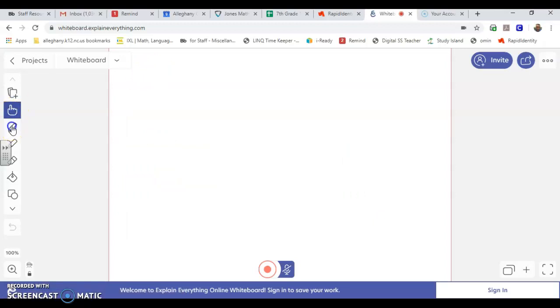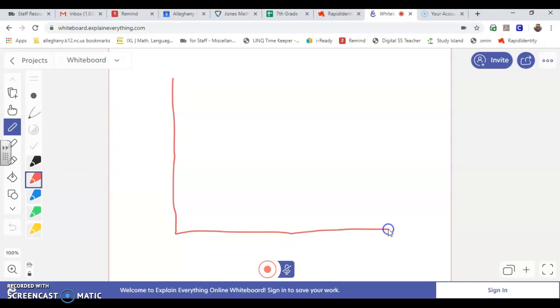Alright. Starting with, you got a y-axis and an x-axis. So I'm going to label those y. Okay, x and y. This point is your origin. Okay, and our largest quantity is 60 on the x-axis.